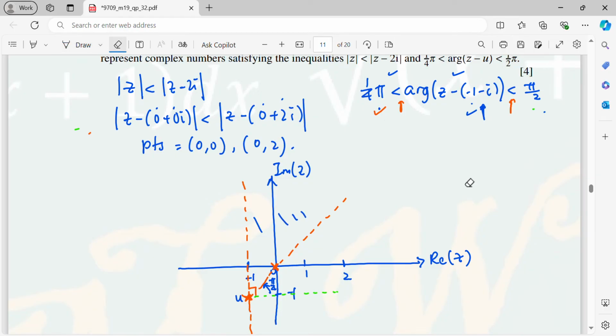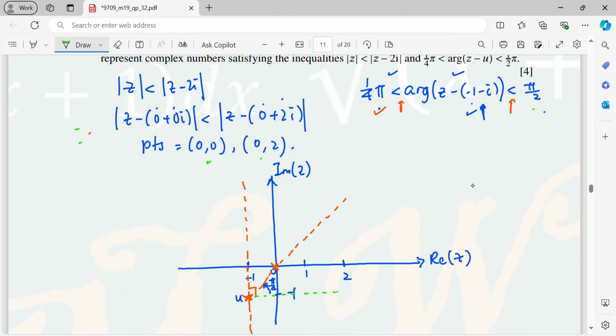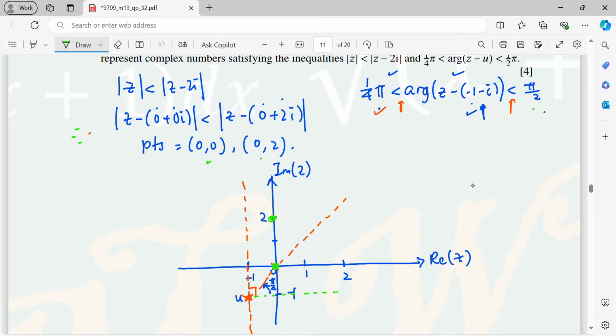And now I have to check the points. So for the points, (0, 0) and (0, 2). (0, 0) here. Oh, (0, 2) is actually the y value. The 2 is a y value, it's not the x. Here. These are the 2 points. And now, I need to find out a point for the z, general point, so that the distance from the general point to the origin is less than the distance from the general point to (0, 2).